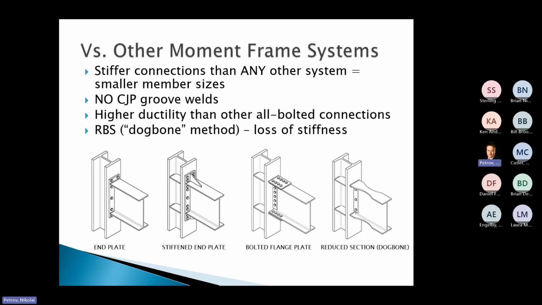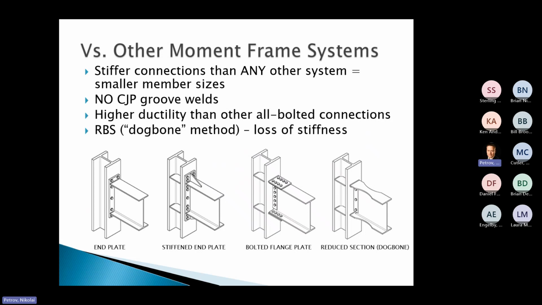I think even the welds that they have in the shop are fillet welds for the way that they typically put their connections together. So those really large CJP welds that you would have to these really heavy beam sections, you don't have that. Some of these beam sections you can have like a 10 or a 12 pass groove weld. That is an expensive weld to do, whether it's in the shop or in the field. And so a lot less welding for these connections.